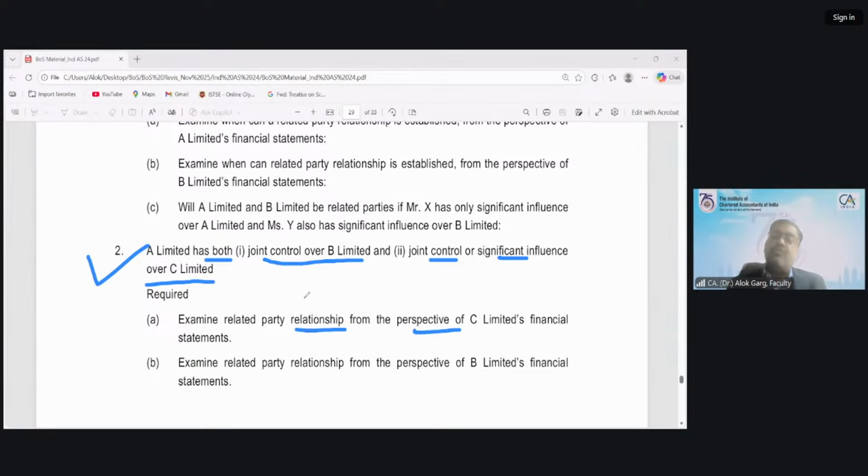So in the notes to accounts of C Limited, whether A and B are related parties. Yes, sir. Both are related parties.